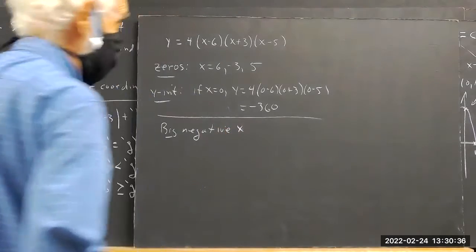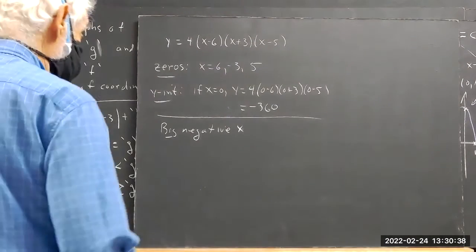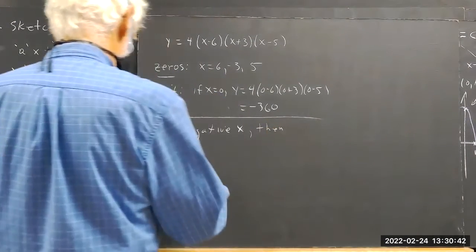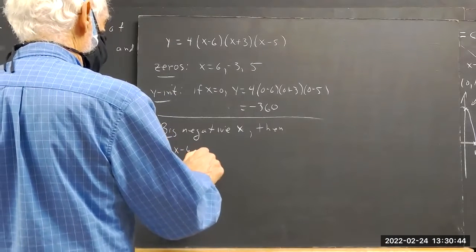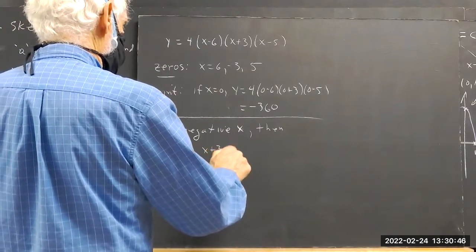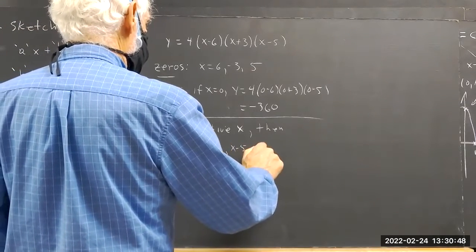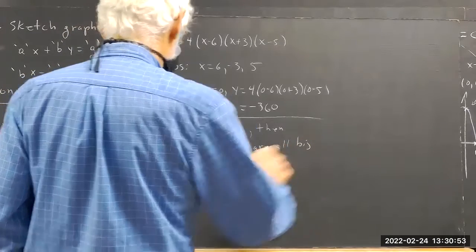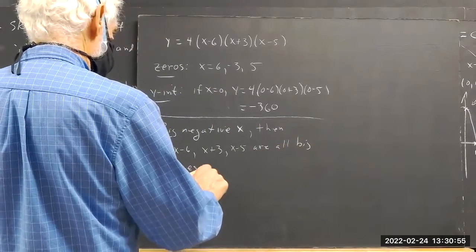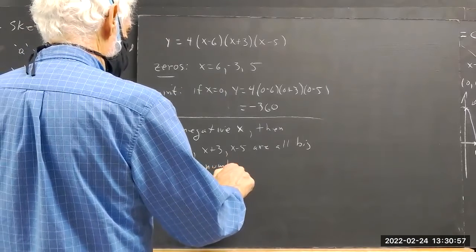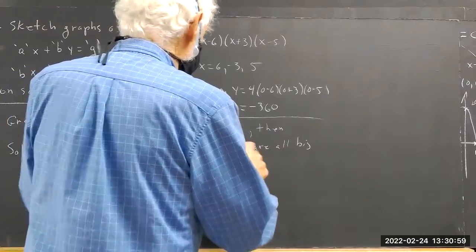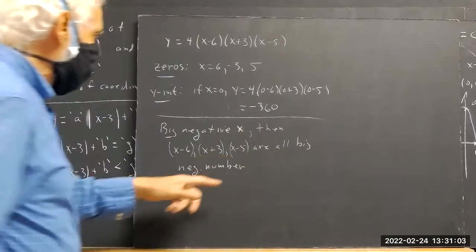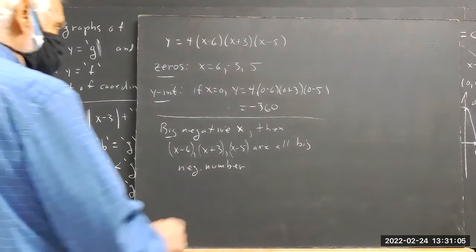If we've got a big negative x, all three of these factors, x minus 6, x plus 3, and x minus 5, are big negative numbers.